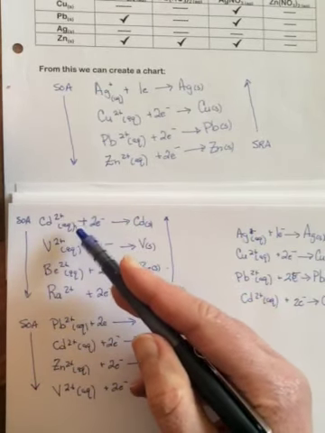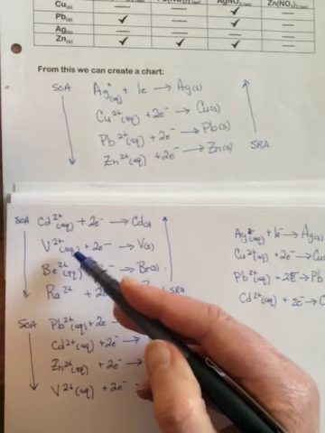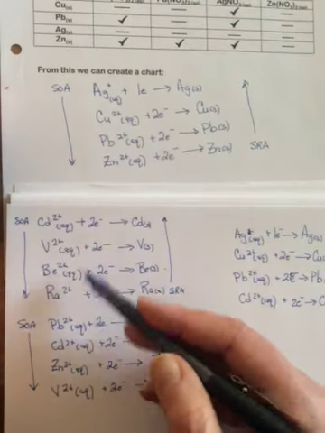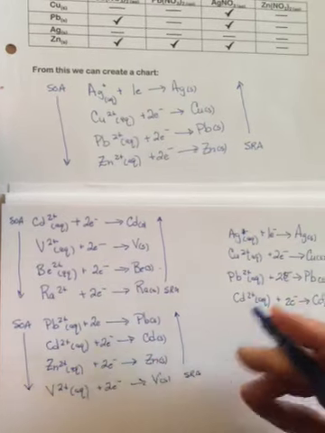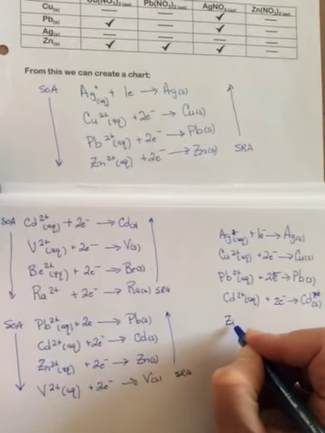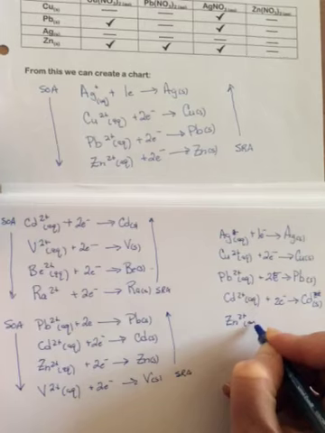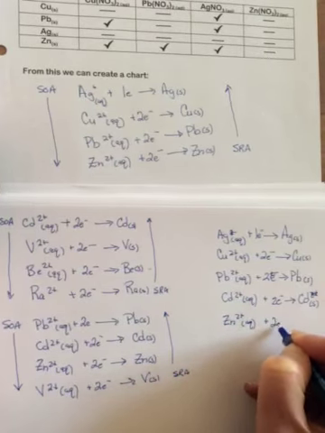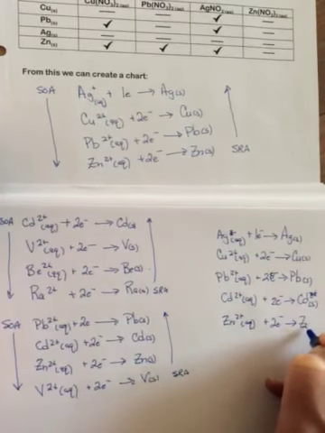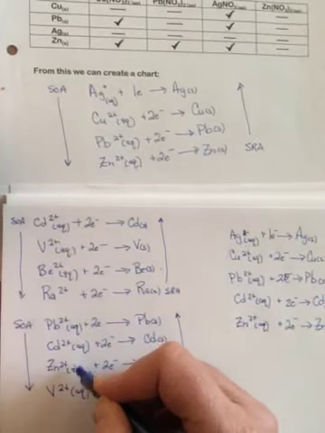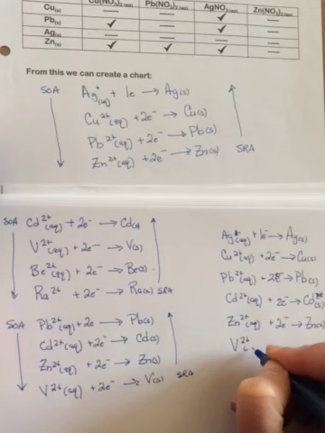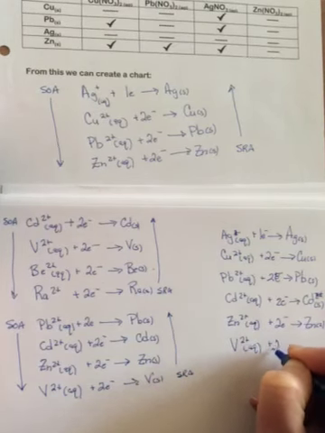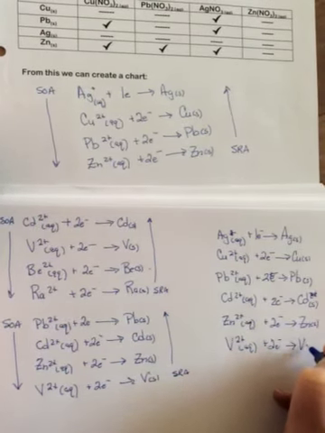Well, underneath Cd2+ is V2+. And look in the second table and the third table, V2+ is under zinc. So zinc must go next: Zn2+ aqueous plus 2 electrons going to zinc solid. Underneath zinc, vanadium must come next: V2+ aqueous plus 2 electrons going to V solid.